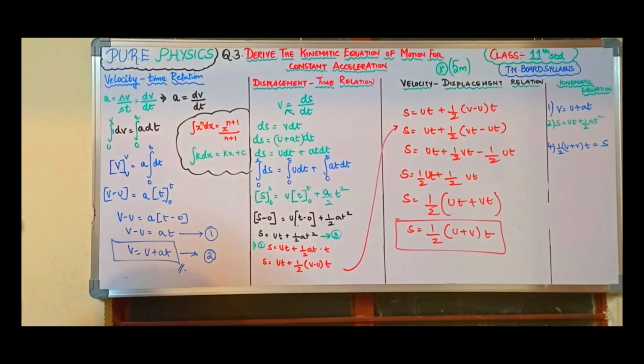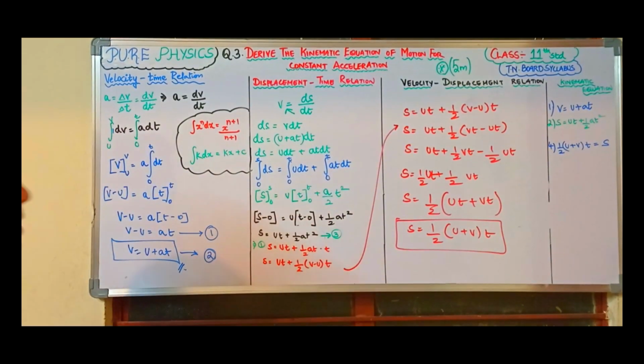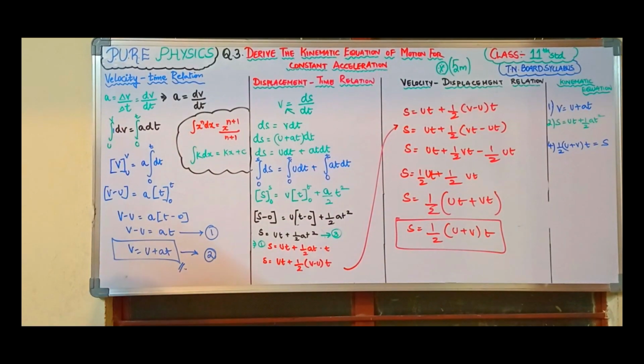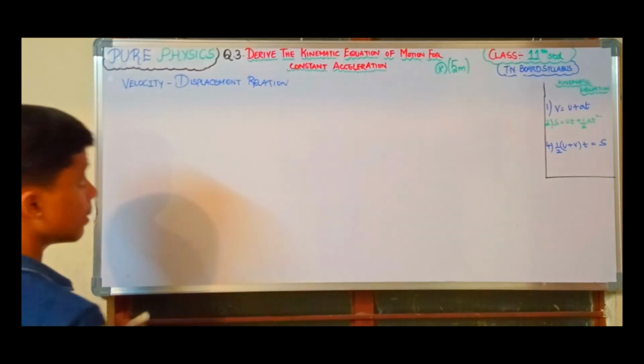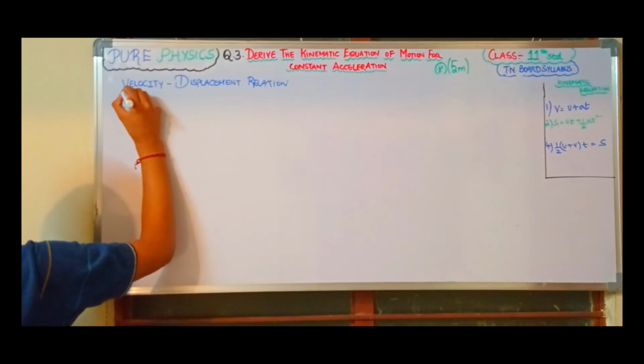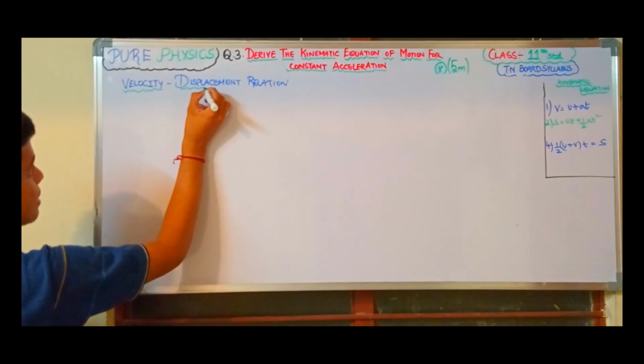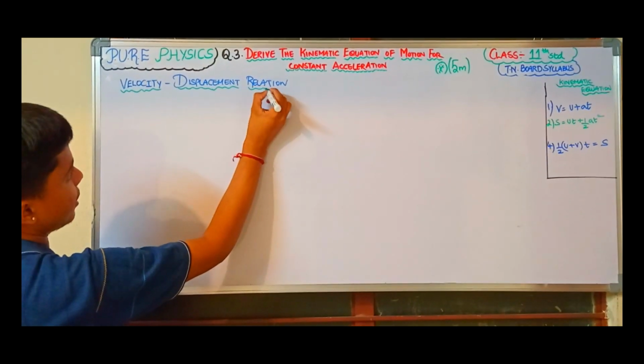For the third subdivision, I need a little space. So continuing with the third part of the derivation, which is the velocity displacement relation.